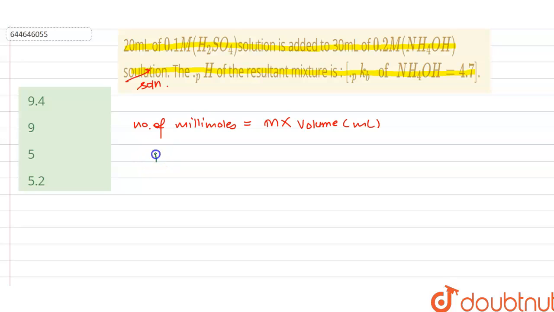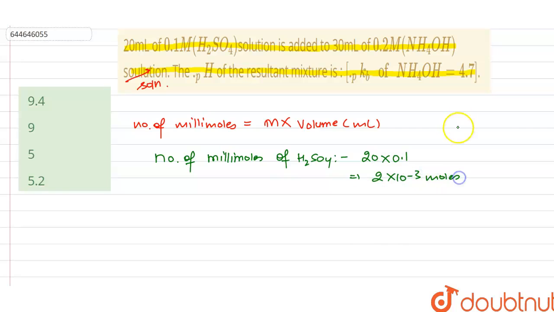The number of millimoles of H2SO4 will be 20 multiplied by 0.1 molarity, which comes to 2 millimoles, and we know that 1 millimole is equal to 10 to the power minus 3 moles. This is important to remember, as it usually comes in exams in order to convert the units.